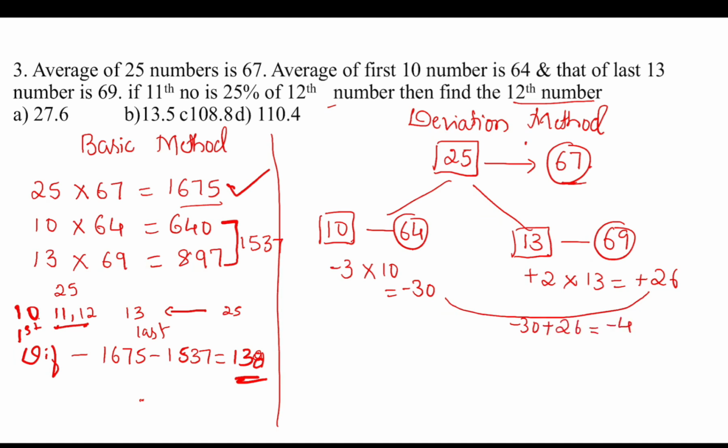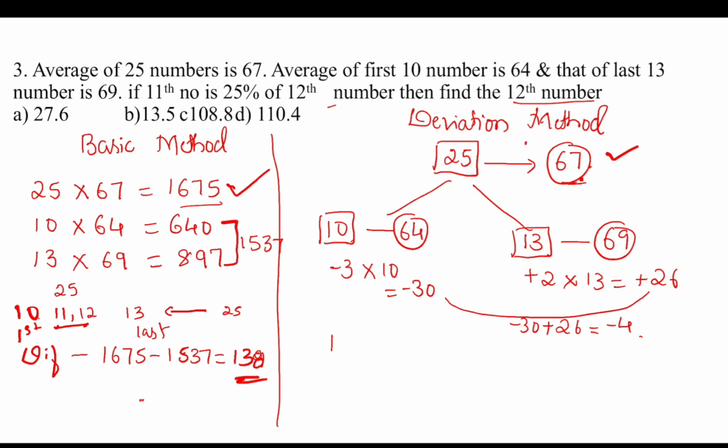Okay, so still 4 is running short, isn't it? So how will I compensate this 4 running short? Okay, so we know that 67 is the per head average, isn't it? Per head. Each number will have a 67 average. If, for example, 25 members are there, then per head it will be 67.